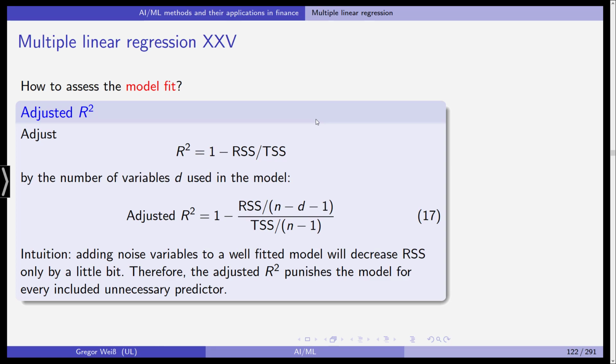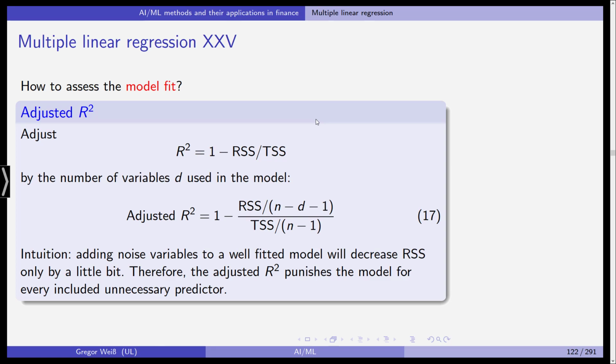Now in this video I want to talk a little bit about some additional details of the multiple linear regression model. In the last video we've already talked a little bit about how to assess the model fit. We've seen that in contrast to the regular R-squared, we should use the adjusted R-squared because when including more and more predictors, more variables in our regression model, the R-squared can only go up.